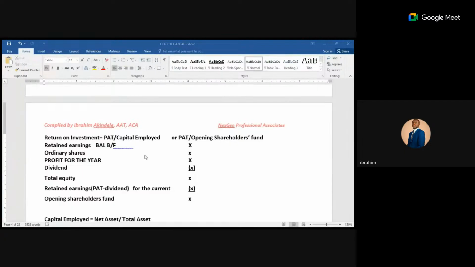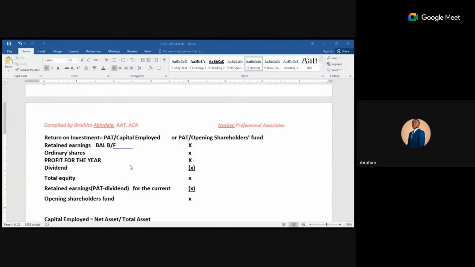That is why what we mostly use here is profit after tax divided by the opening shareholders fund. Shareholders fund is your total equity, both the previous year and the current year.